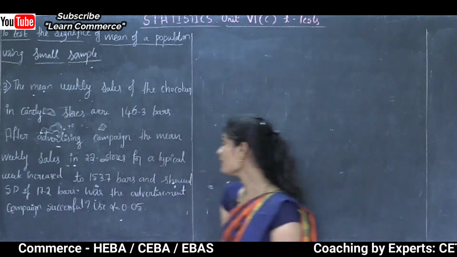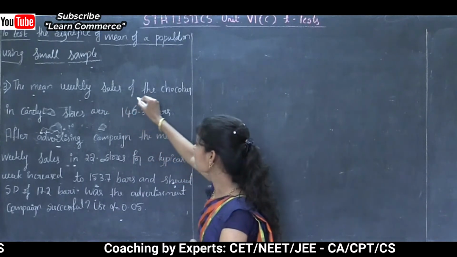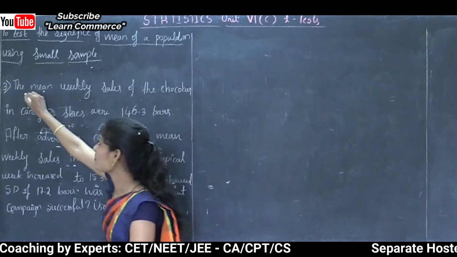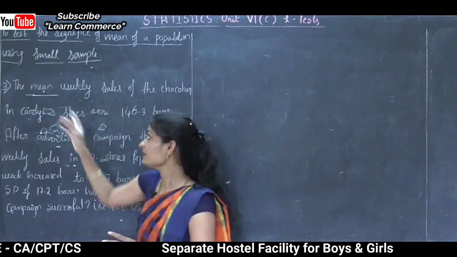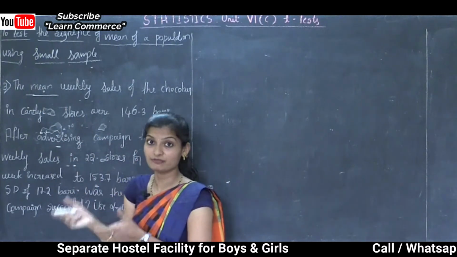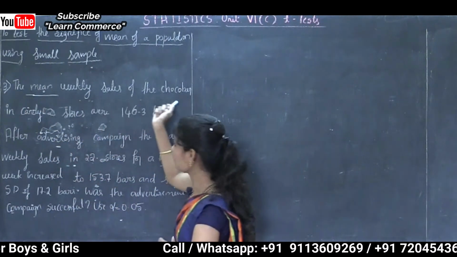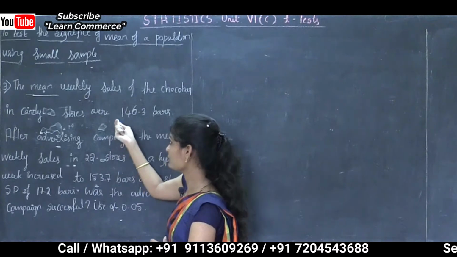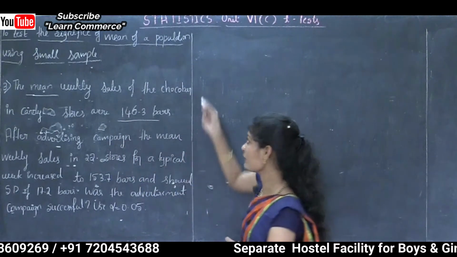See here, what are the given observations? The mean weekly sales of the Chocobar in candy stores, this mean is the population mean, since they didn't give any sample word here. The mean weekly sales were 146.3 bars, that is mu.